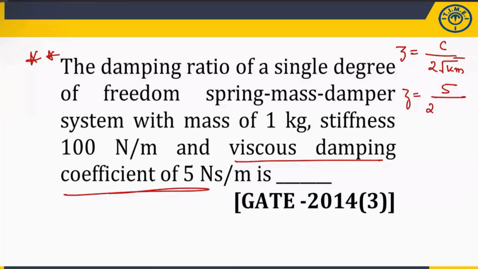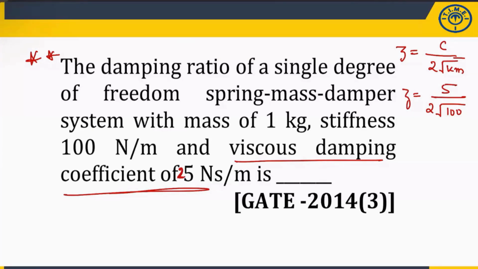Now this is nothing but 2 square root of Km. This is 100. So what is this value? 5 divided by 20. Let me check. Sorry, there is actually a mistake here. It should be 25. There is a correction.